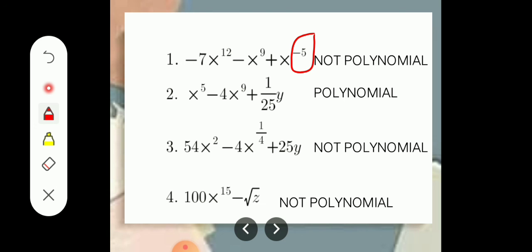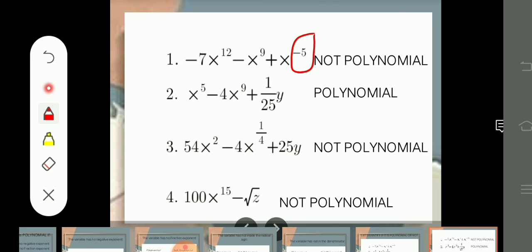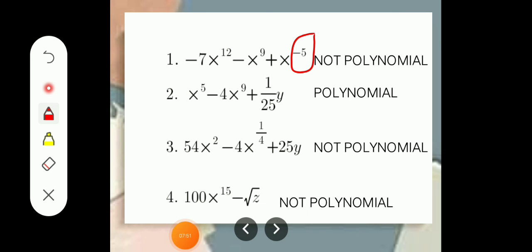Number 3. 5x squared minus 4x to the power of 1/4 plus 25y. Not a polynomial. Why? Because 1/4 is the exponent.